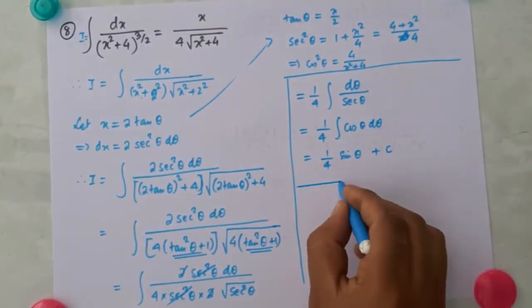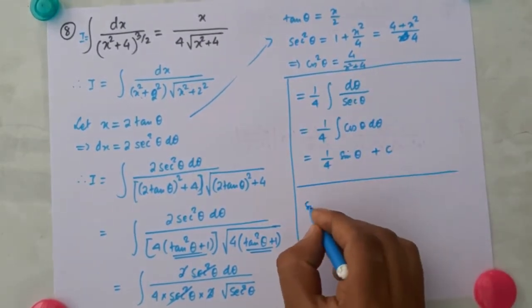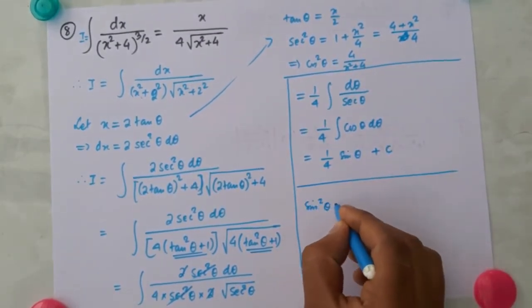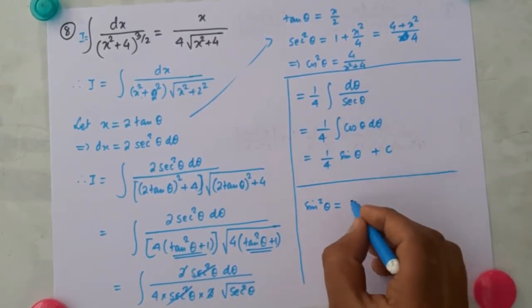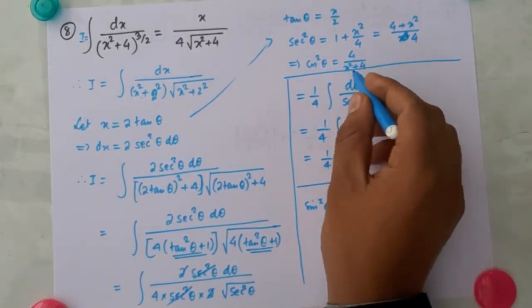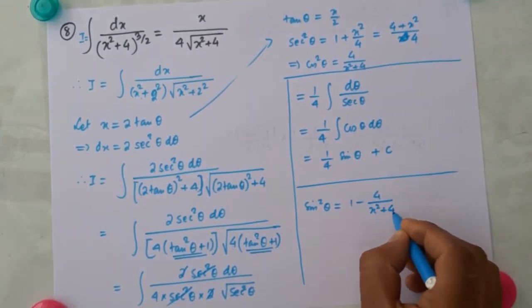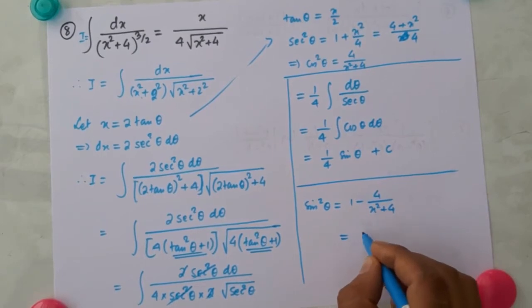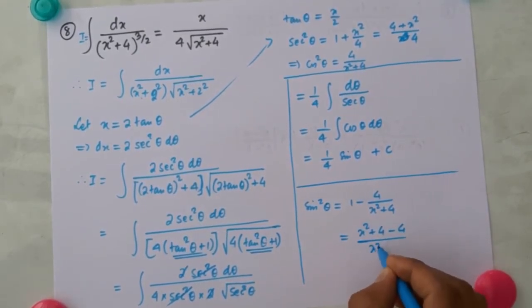Now from that you have to calculate the value of sin theta. Sin square theta can be written as 1 minus cos square theta, which is 1 minus 4 by x square plus 4. Simplify this, it turns out to be x square plus 4 minus 4 by x square plus 4.